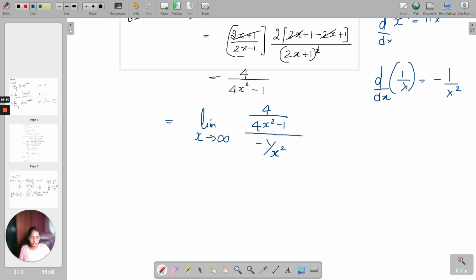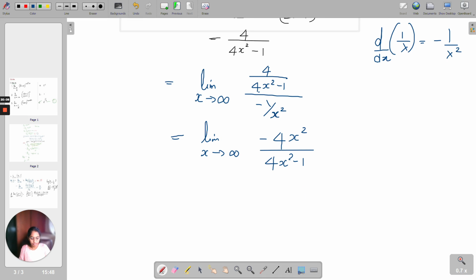Yes. So now let me take this x square to the numerator. What would I get? Limit x tending to infinity minus 4x square divided by 4x square minus 1. Okay. So now in the denominator, let me take 4x square common.